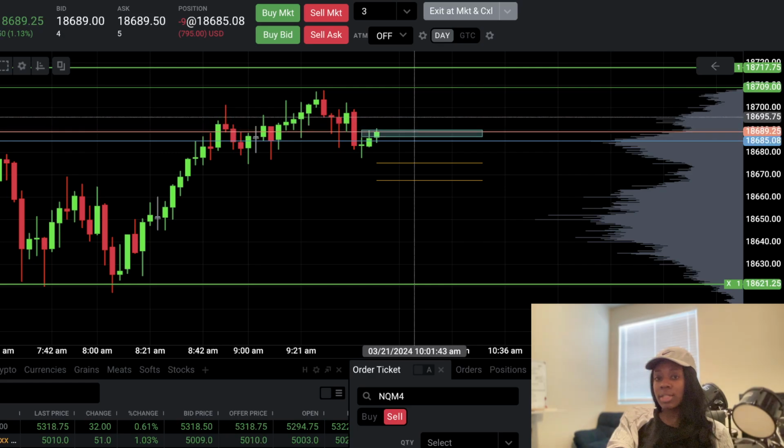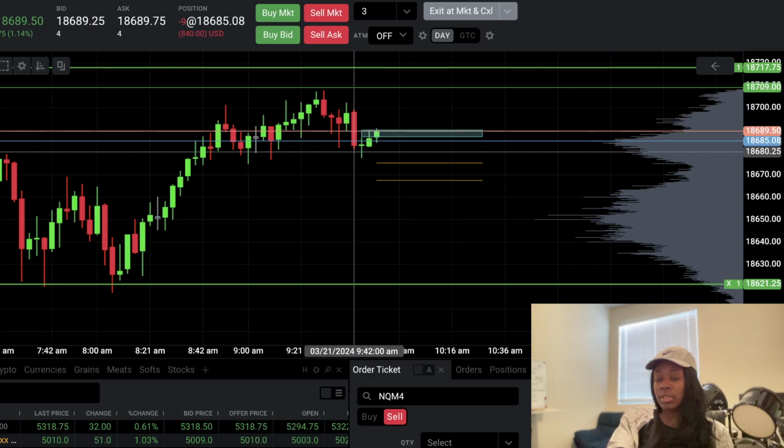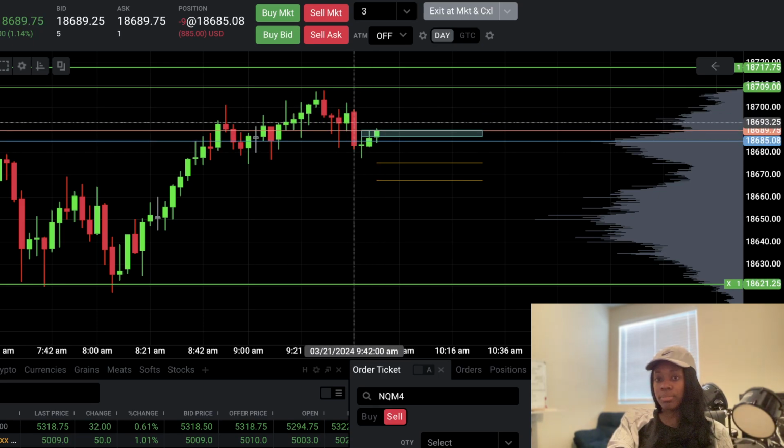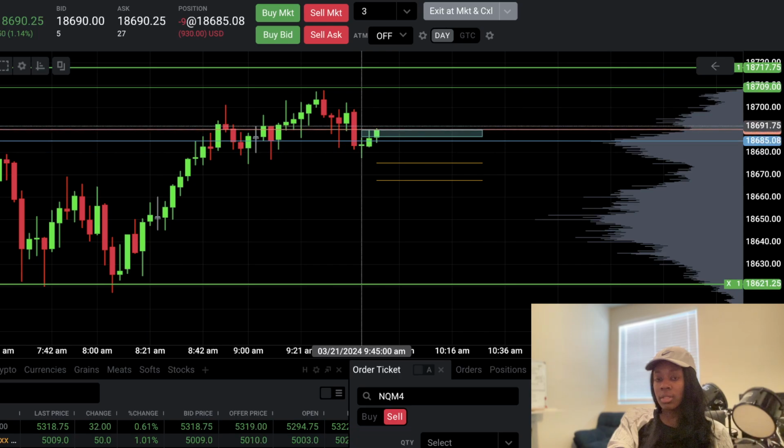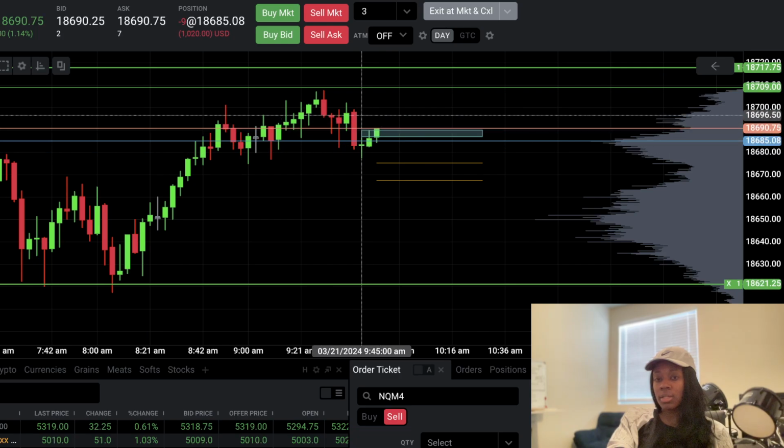Sometimes they damn near run the entirety of the formation of the fair value gap, meaning the three candles that make the fair value gap.